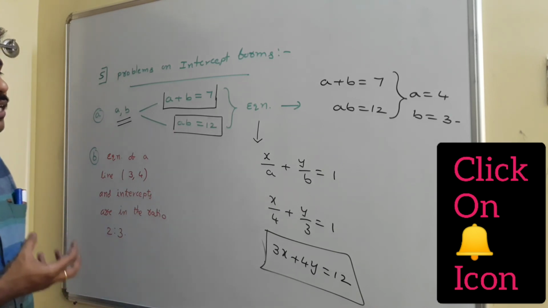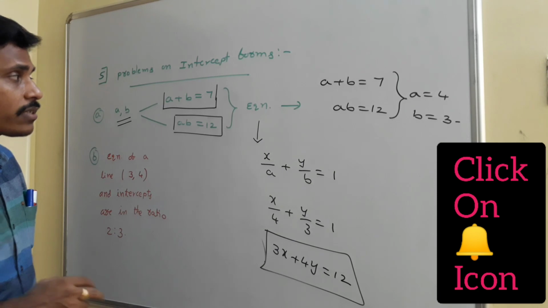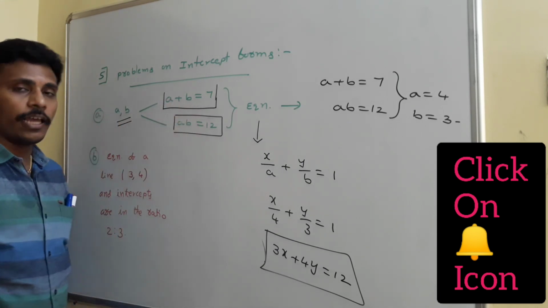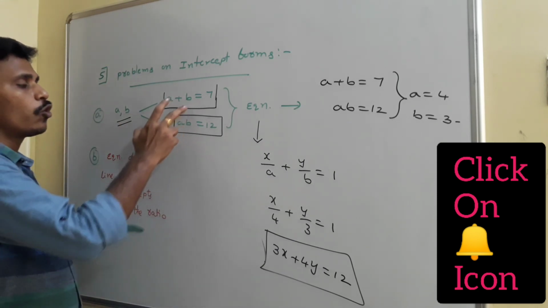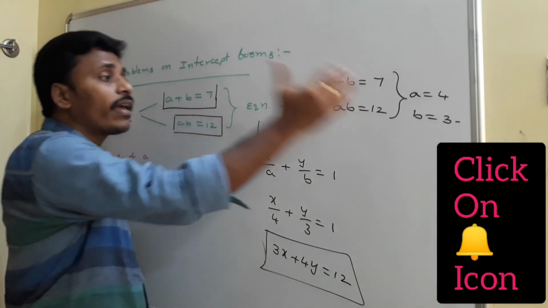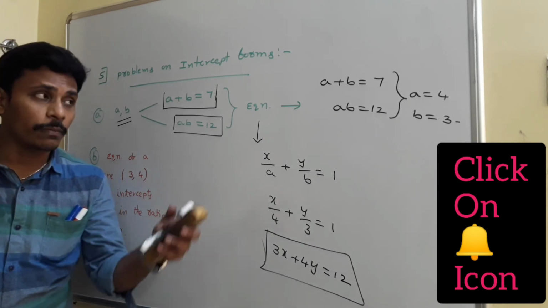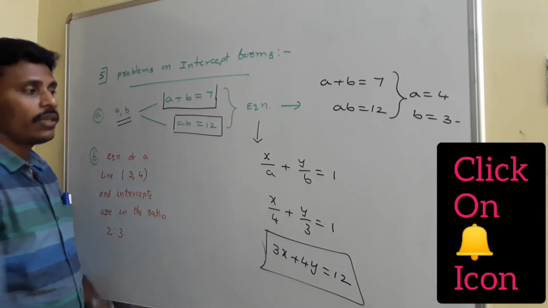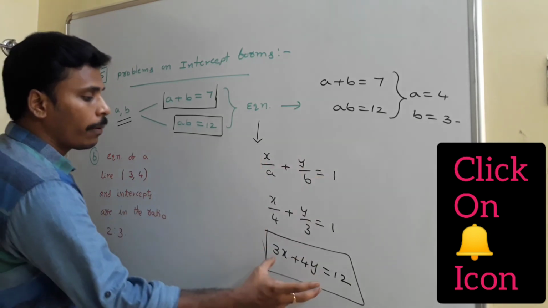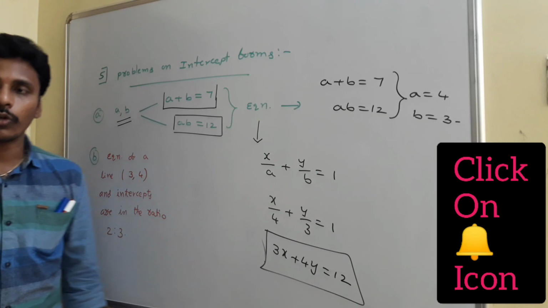The intercepts are not directly given, but they gave us relations on the intercepts like a plus b is equal to 7 and ab is equal to 12. By solving those relations, I have the intercept values a comma b as 4 comma 3. Since the x-intercept is 4 and the y-intercept is 3, using this intercept form of a line, my equation of the line is 3x plus 4y is equal to 12.